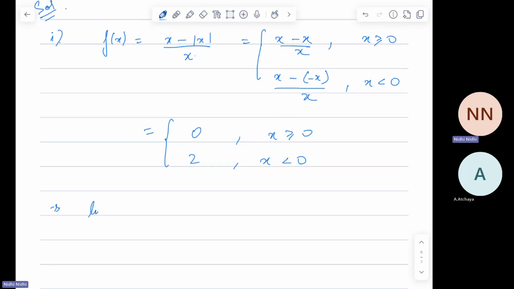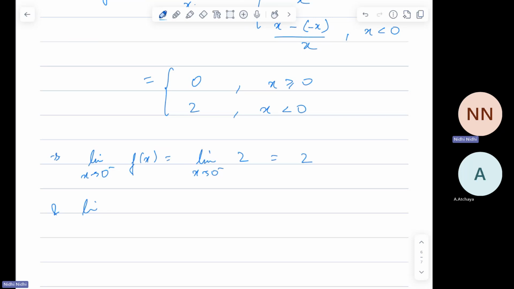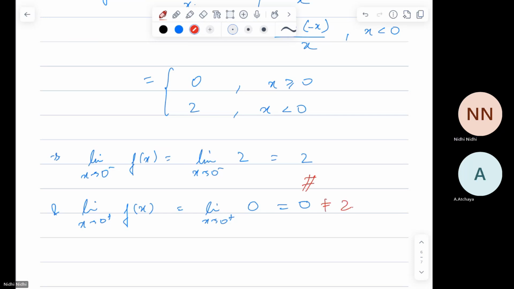This implies limit x tending to 0 minus f(x) is 2, and limit x tending to 0 plus f(x) is 0, which is obviously not equal to 2. Therefore, the limit does not exist.